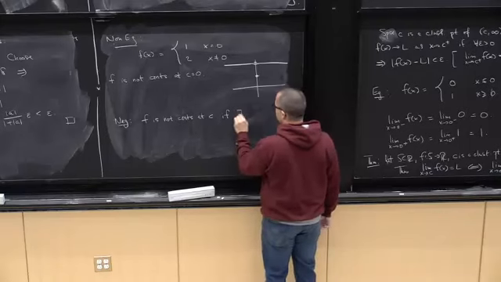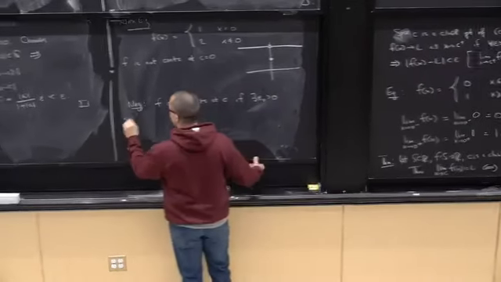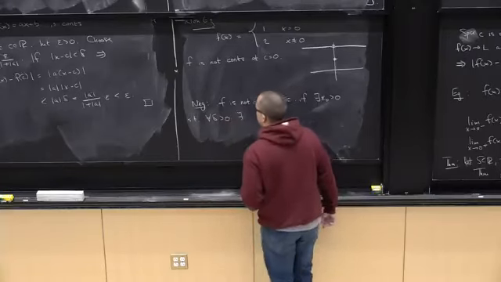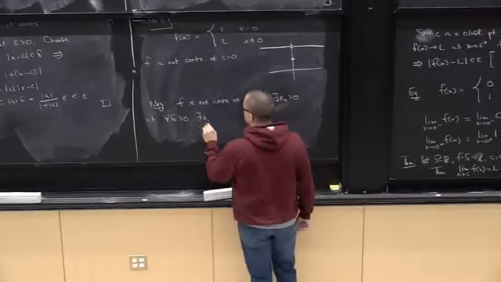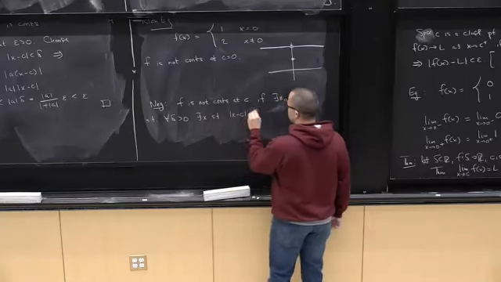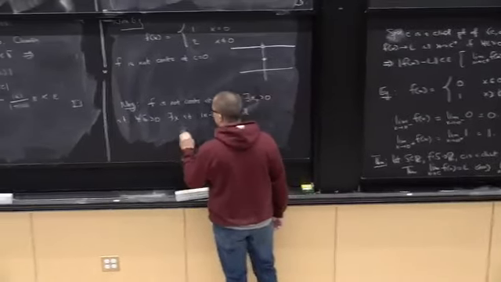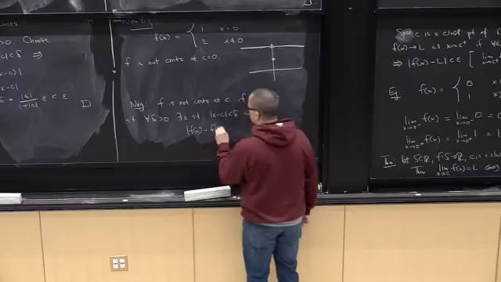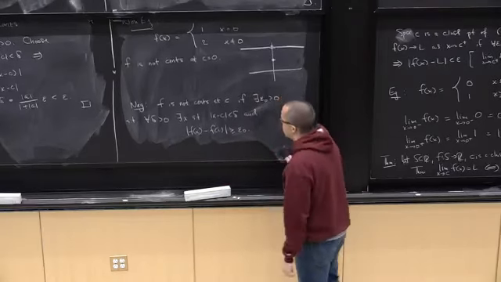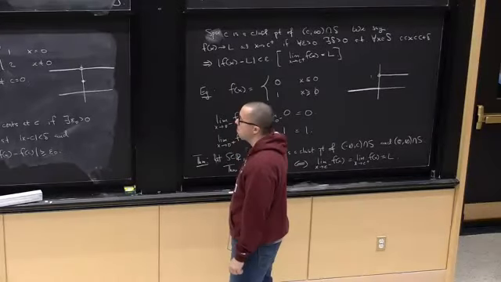So if there exists some bad epsilon, so that for all delta positive, there exists an x such that the absolute value of x minus c is less than delta, and we do not have the second inequality, f of x minus f of c is bigger than or equal to this bad epsilon. Okay?